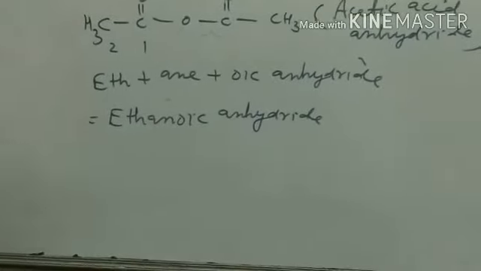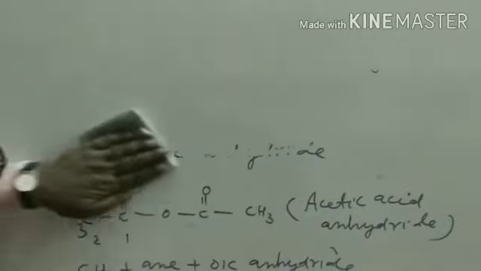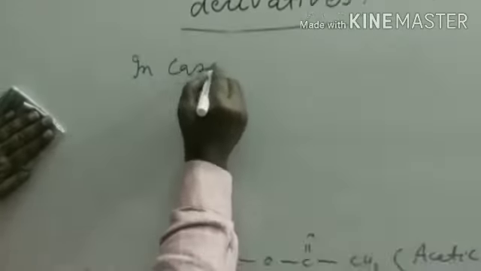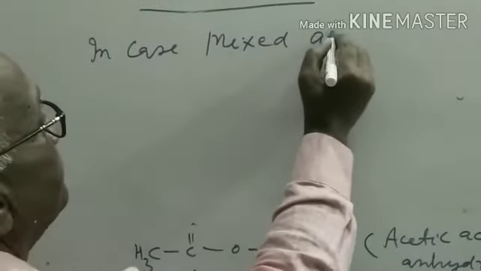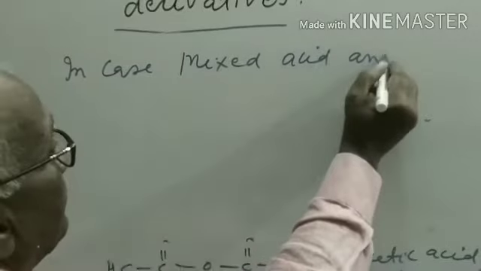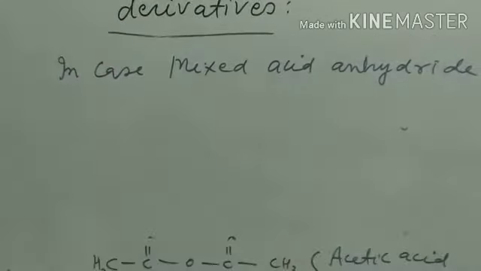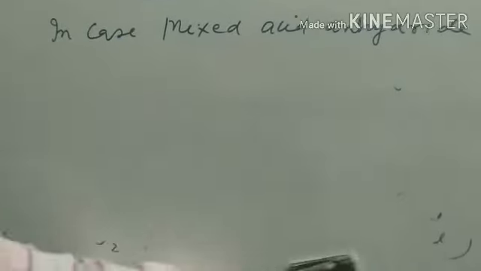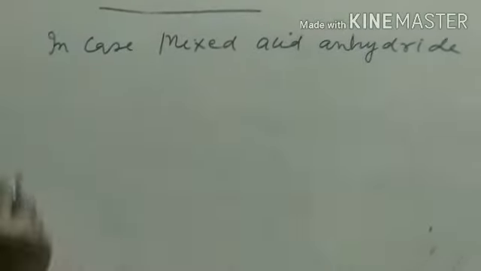In case anhydride of mixed acid is obtained, mixed acid anhydride means acids of two types undergo dehydration to produce a mixed acid anhydride.